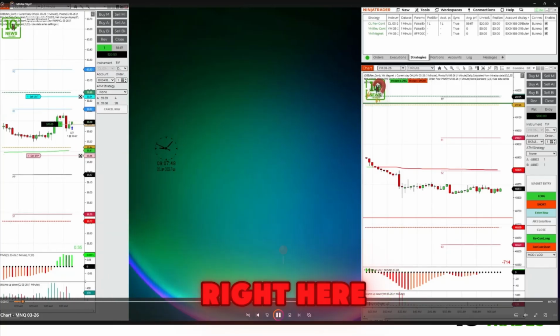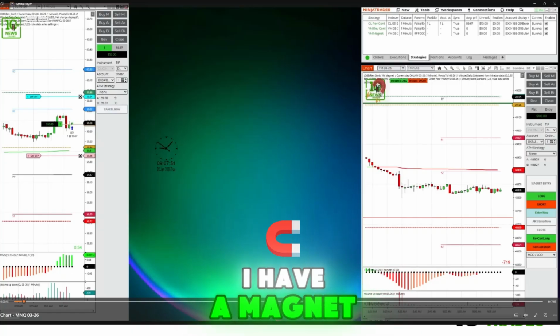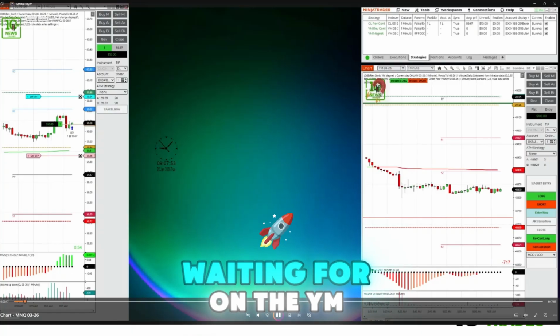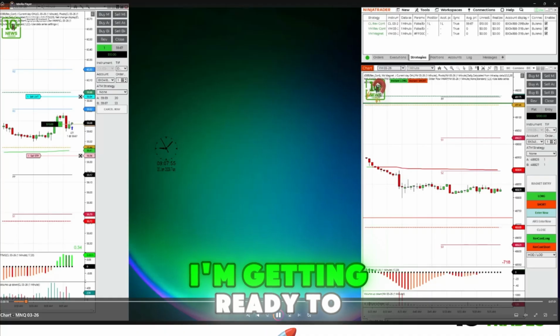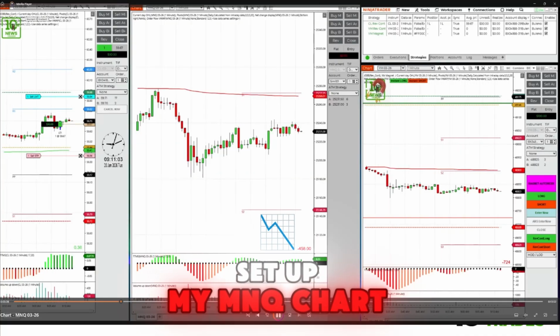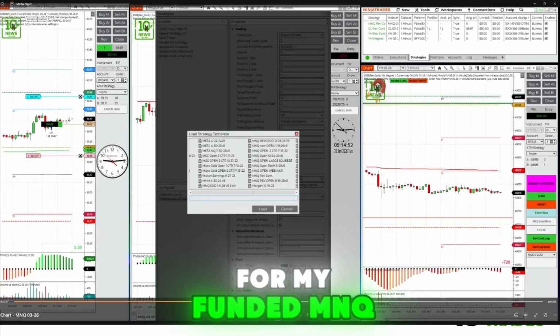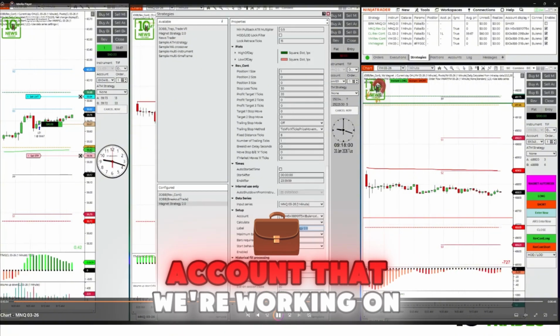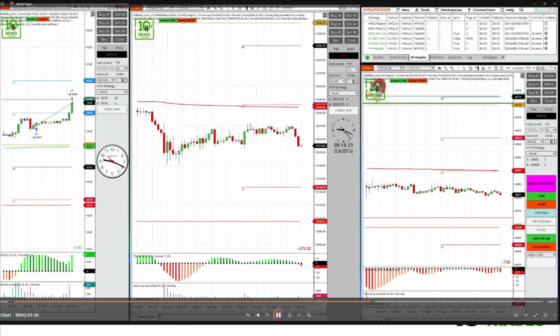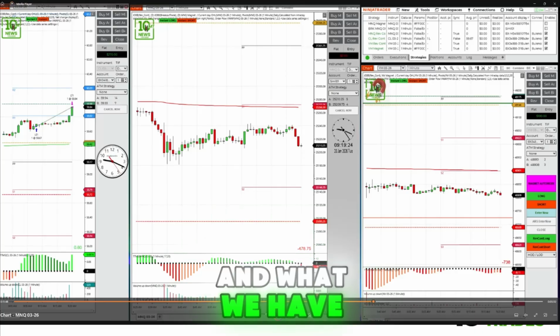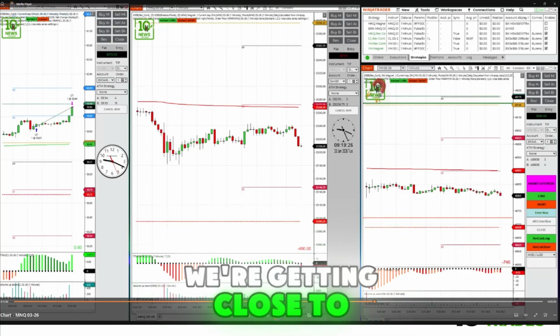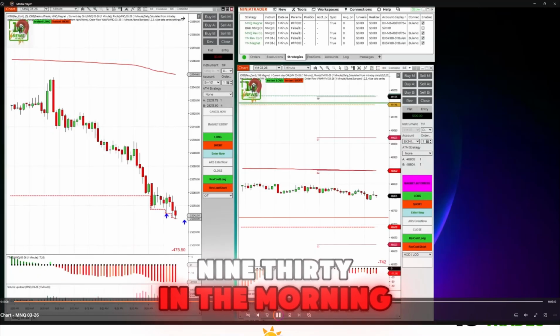If you notice on the right here, I have a magnet set up that I'm waiting for on the YM. I'm getting ready to set up my MNQ chart for my funded MNQ account that we're working on. And we're getting close to 9:30 in the morning.